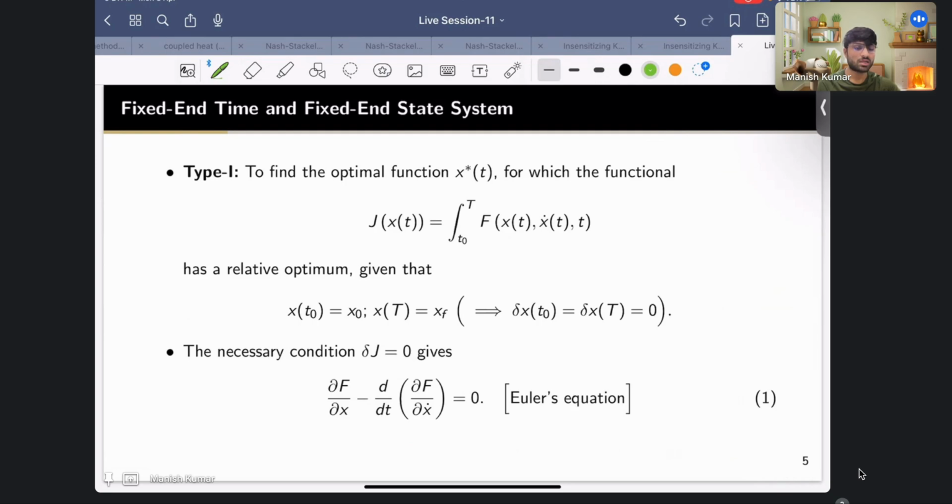If terminal data is fixed, that is the fixed end time and fixed end state problem. Fixed end time means the capital T will be 5 or 4, and fixed final state means the final state that we want. So what output we want at what time is fixed. You are demanding that at 5 minutes I should reach this data point. This is the first kind of problem.